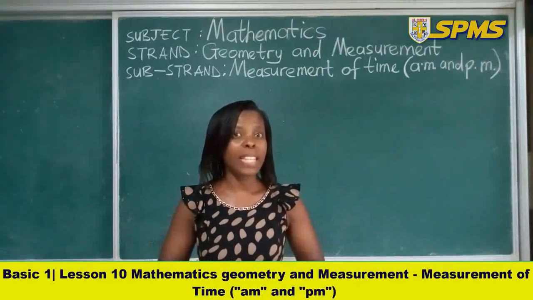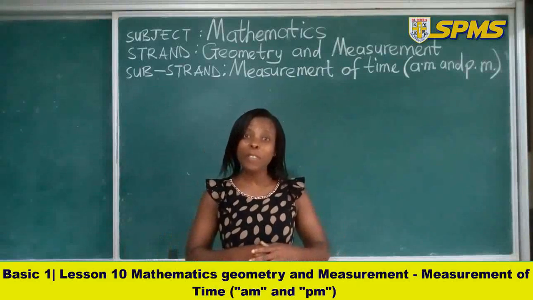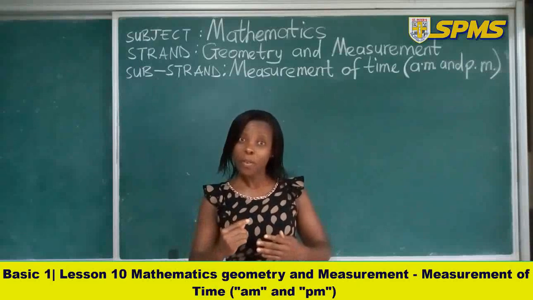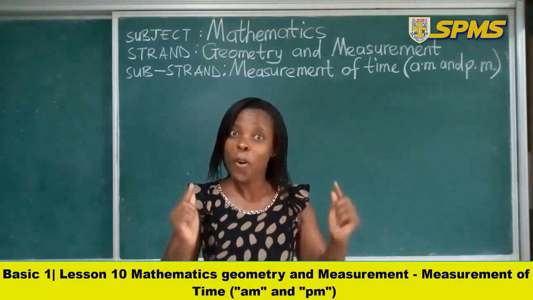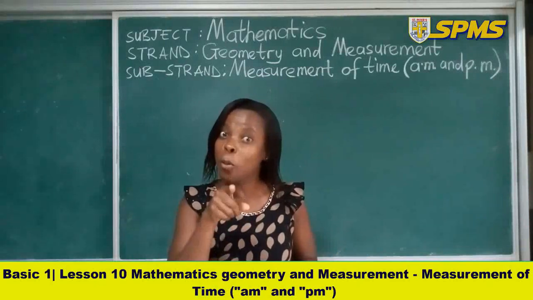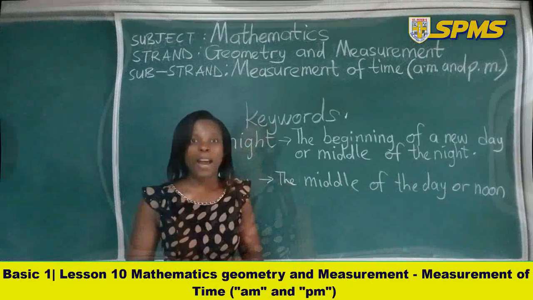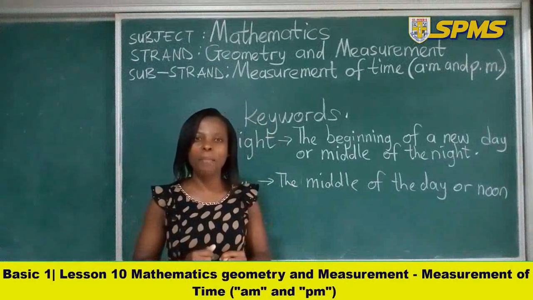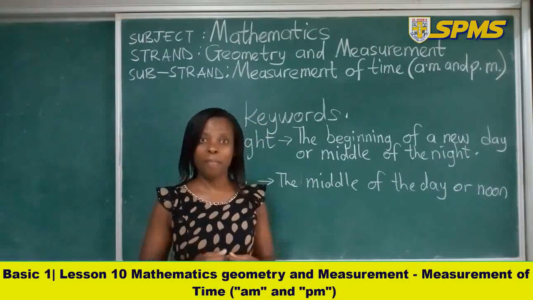So if you have the minute hand on 9 and our hour hand is still shifting from 4 getting to 5, what do you say is the time? 4:45 or 15 minutes to 5. Very good.